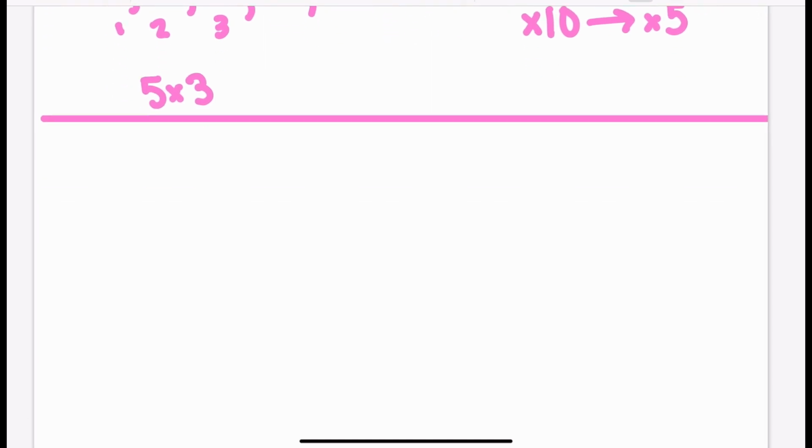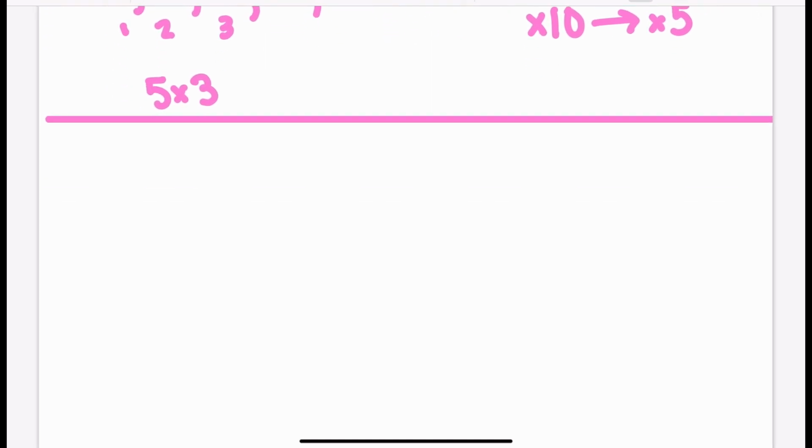Okay, so in a different video, when we talked about the strategies of multiplying by 10, we learned how if we were taking a digit like 7 and multiplying it by 10, all I would have to do is think about, okay, the 7's going to shift to the 10's place. So I know that the product is going to be 70 because the 7 moved to the 10's and I placed a 0 in the 1's place.